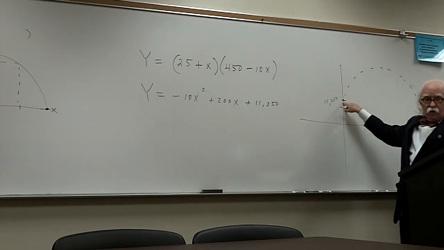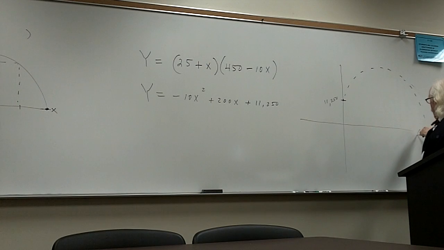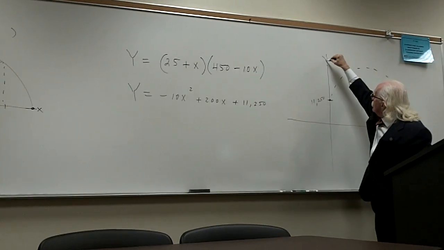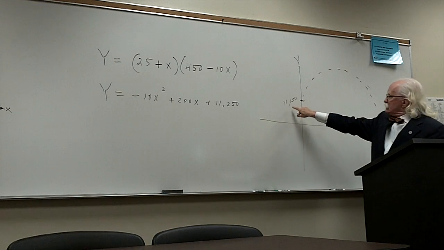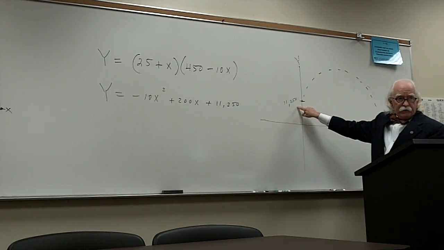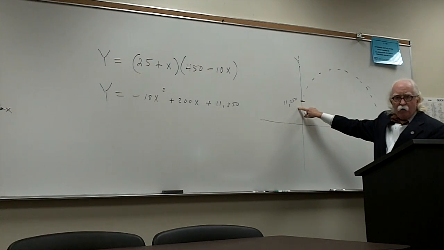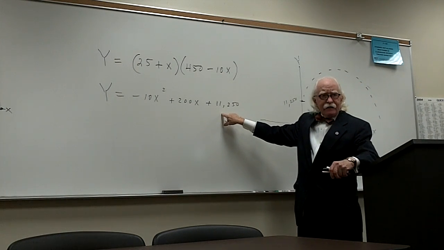Because it starts at this point right here, when you don't plant any extra trees at all, when x is 0. When x is 0, you're getting 11,250 apples. In this particular problem, how many of you are interested in knowing what to do to factor this to make it equal 0?